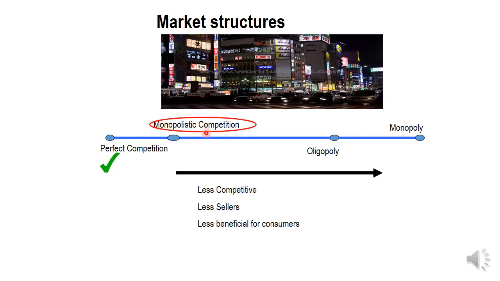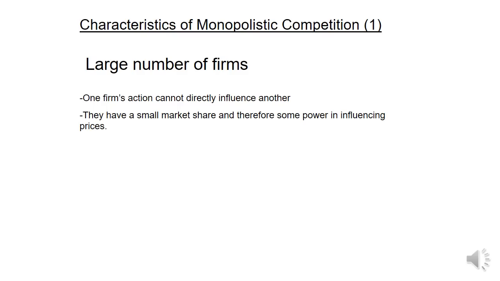So it shares many characteristics with perfect competition. Let's take a look. In monocom, there is a large number of firms, and because there's a large number of firms, one firm's action cannot directly influence another. This is the same as perfect competition.